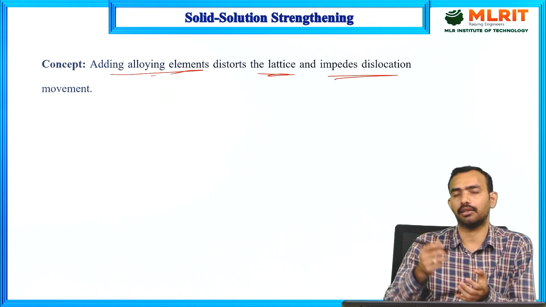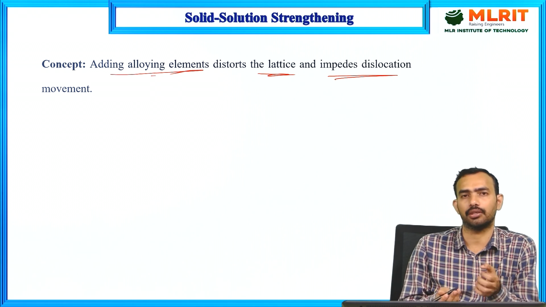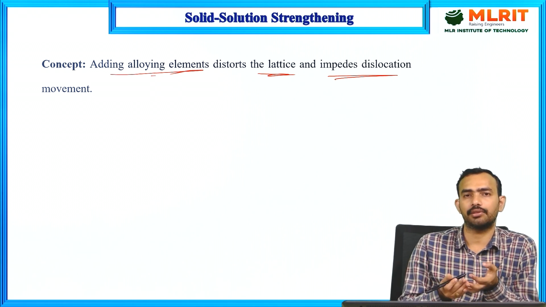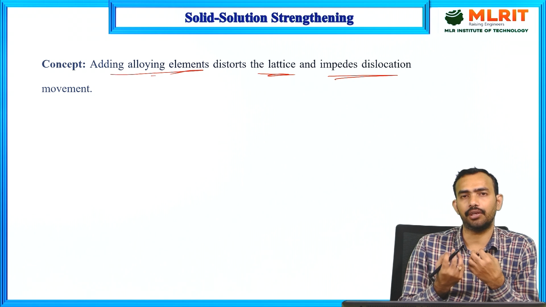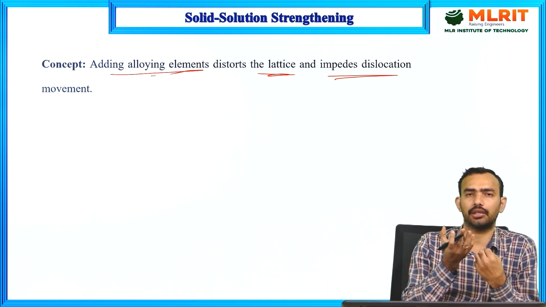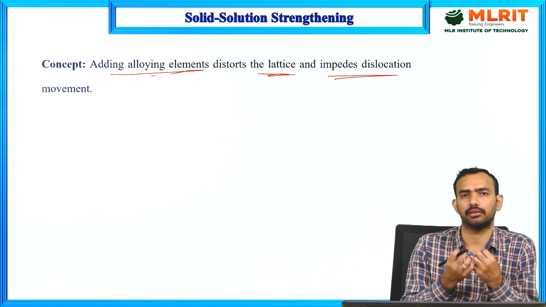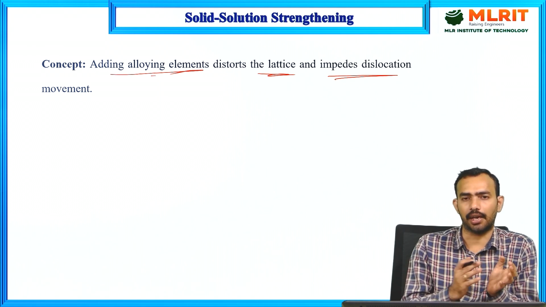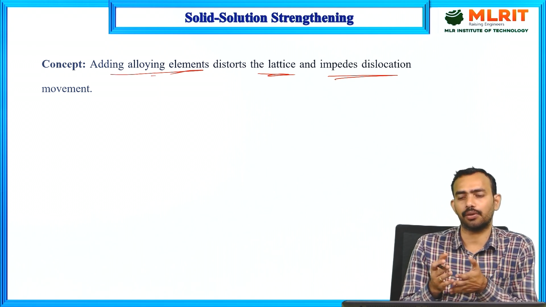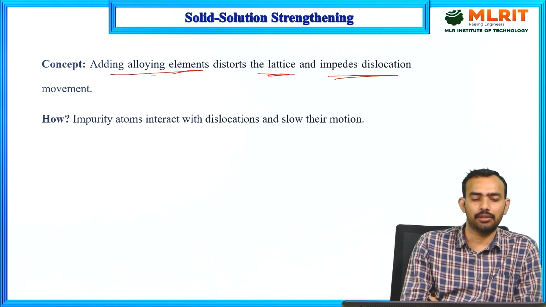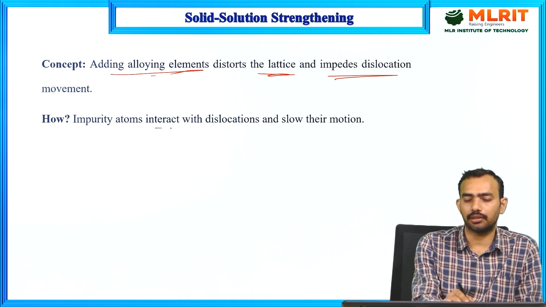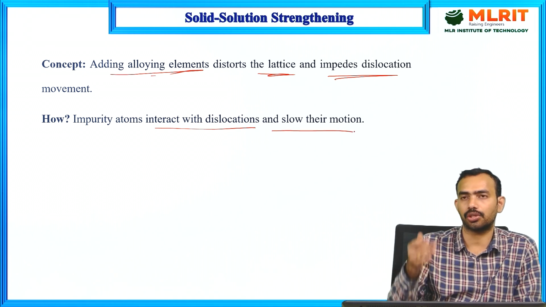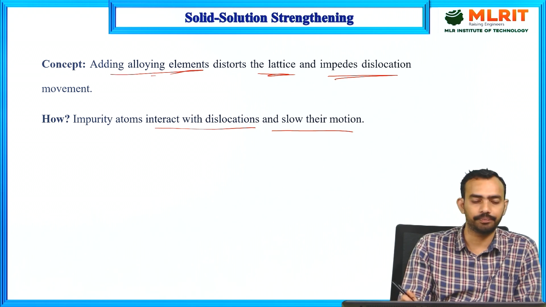When we add foreign atoms or alloying elements into the crystal lattice, these alloying elements can have smaller or bigger atomic sizes, and so they disturb the entire lattice structure, and the movement of dislocation can be arrested here. These impurities interact with the dislocations and, if not arresting, they slow down the dislocation movement significantly.